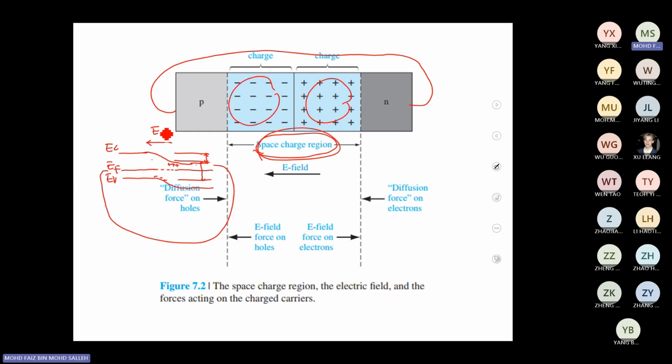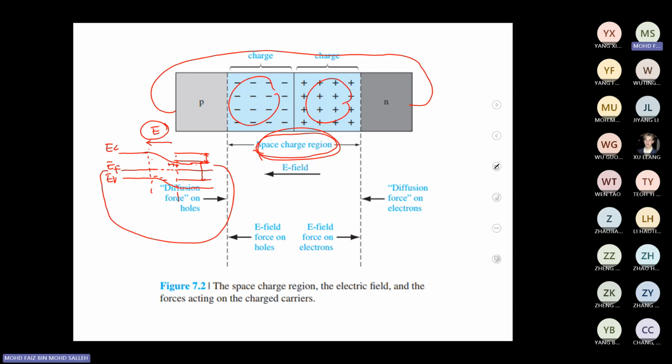So when you see the energy band diagram is bending, it means that it has this internal electrical field, so that you stop a bigger space charge region. It becomes equilibrium.